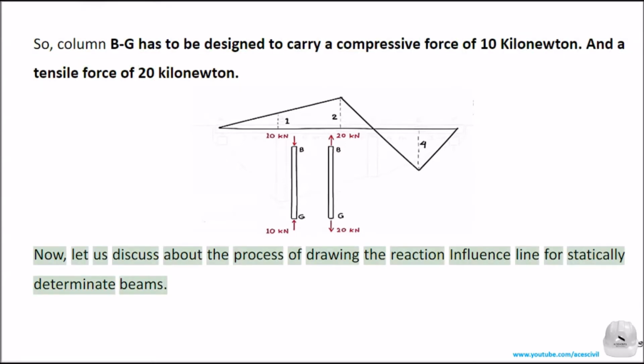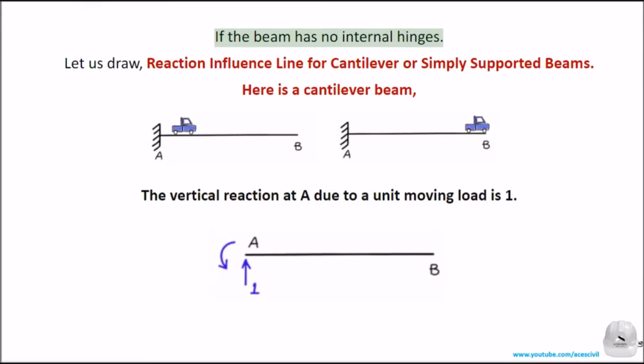Now, let us discuss the process of drawing the reaction influence line for statically determinate beams. If the beam has no internal hinges, let us draw the reaction influence line for cantilever or simply supported beams. Here is a cantilever beam.